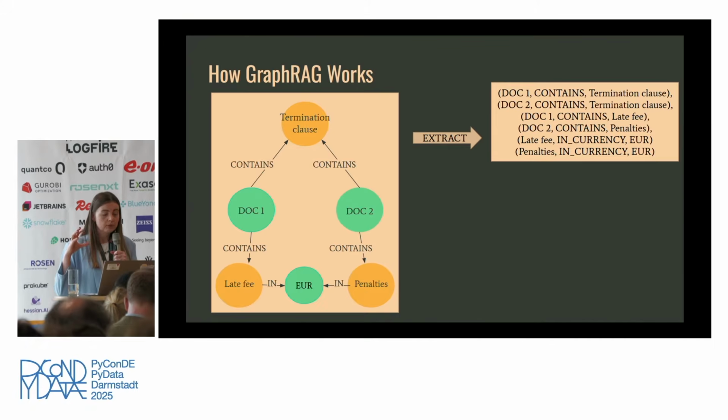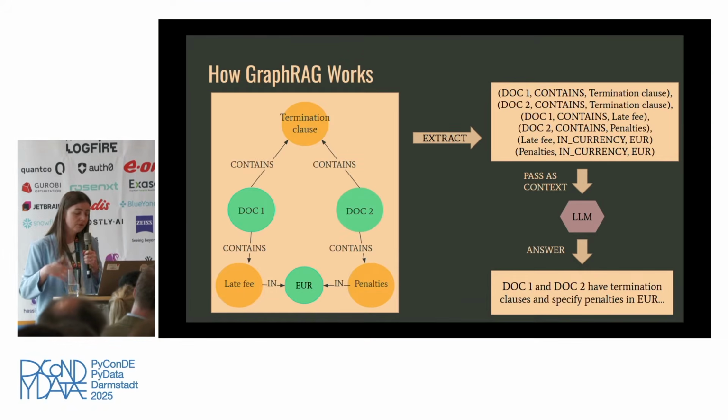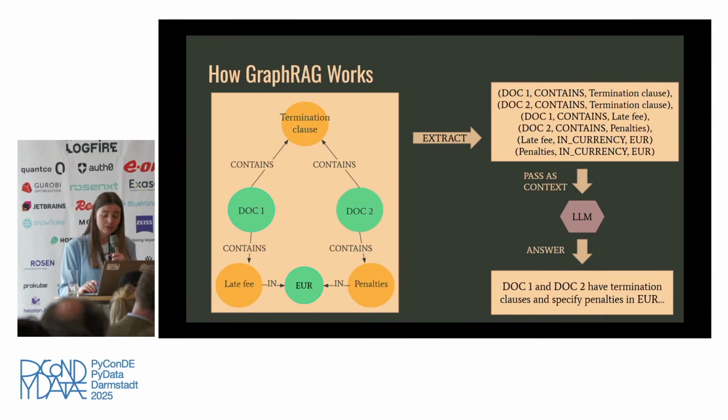So imagine that we don't have such a simple graph, but this is a part of our graph. And this is what is being retrieved, and we can have these triplets. We have doc1 contains termination clause, and we have multiple triplets that are extracted, and then they are passed as a context to a large language model, and it can formulate an answer based on the information. So we have two documents with termination clauses and penalties in euro.